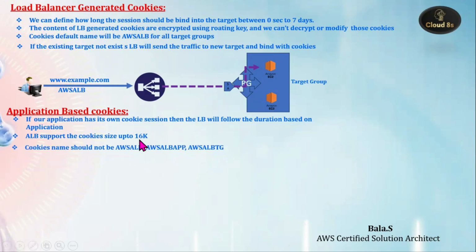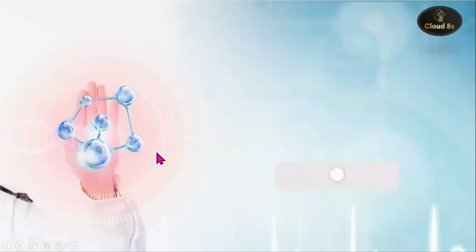The cookie size can be configured up to 16K, and the cookie name should not be AWSALB, AWSALBAPP or AWSALBTG. We can use any name apart from these. If you use these names, it will not be accepted.